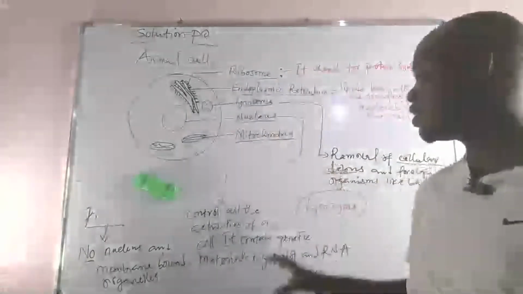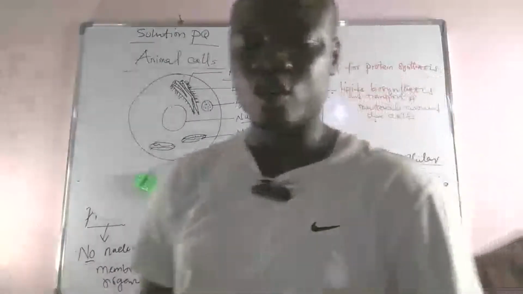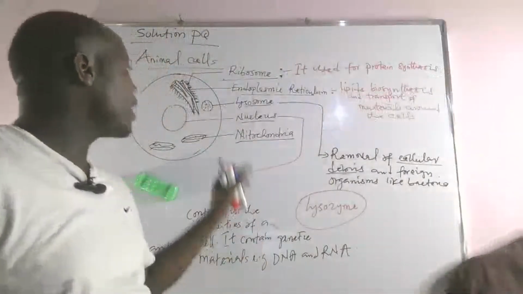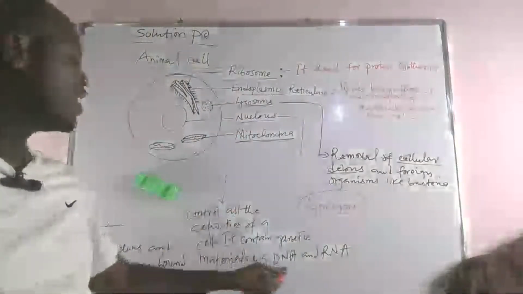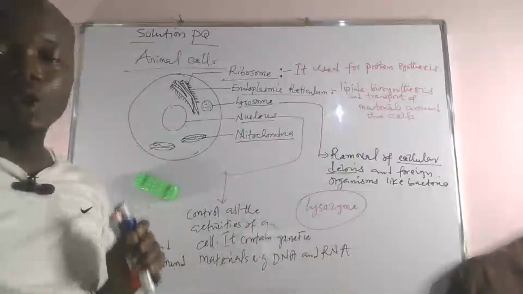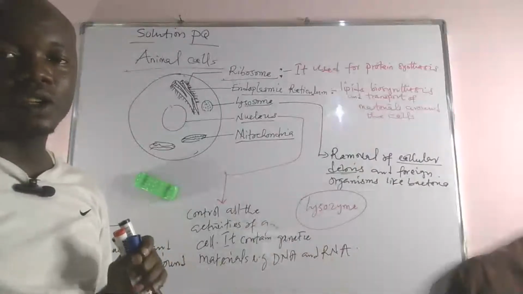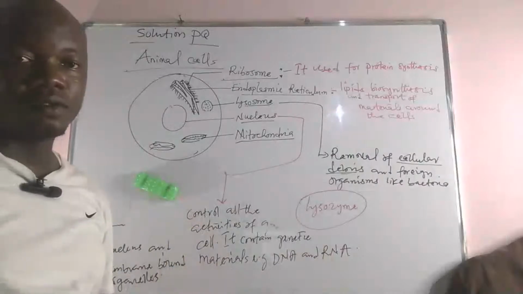The nucleus controls all the activities of the cell, and very importantly, it contains genetic material like DNA and RNA. And you shouldn't forget, ladies and gentlemen, I told you that DNA is the language of life.